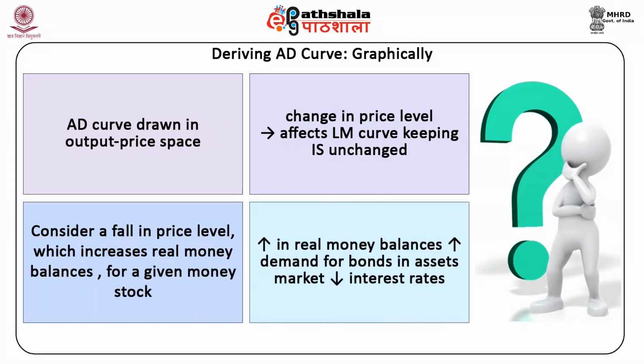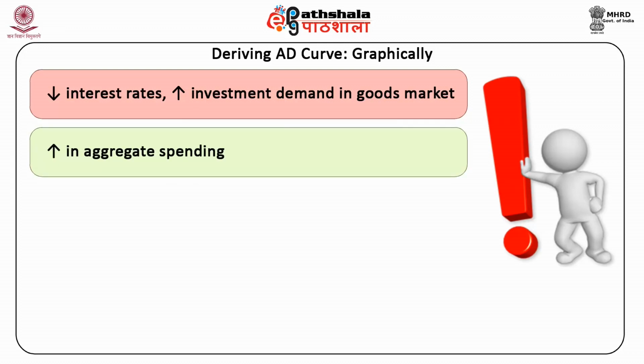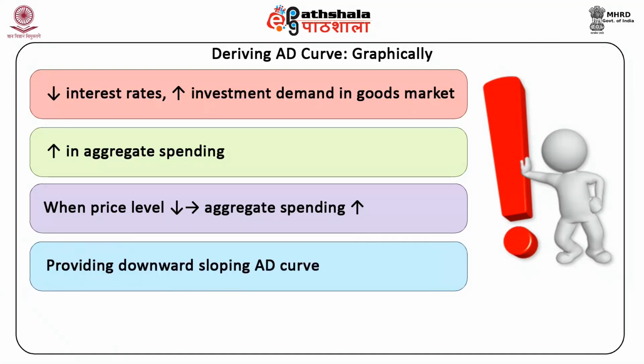An increase in real money balances increases the demand for bonds in assets market, thus reducing the interest rates. A lower interest rate increases the investment demand in goods market and hence an increase in aggregate spending. Thus, when price level decreases, aggregate spending increases, providing a downward sloping aggregate demand curve.